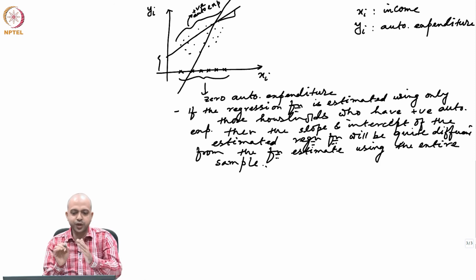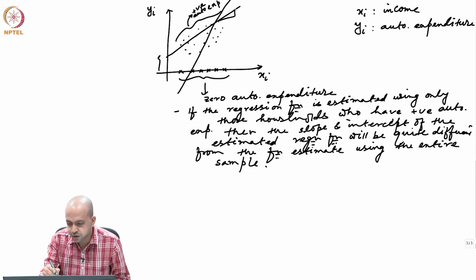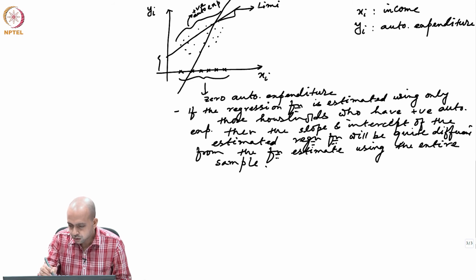So, this is what you can understand intuitively. This is the equation for the selected sample, and this is for the entire sample.